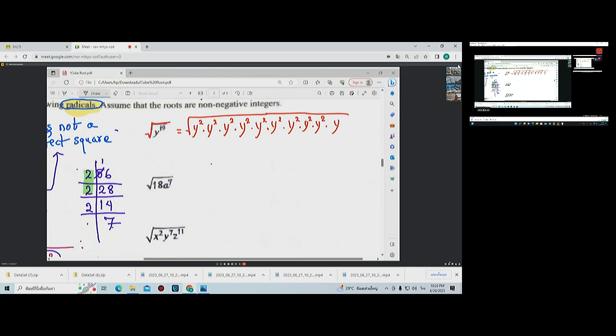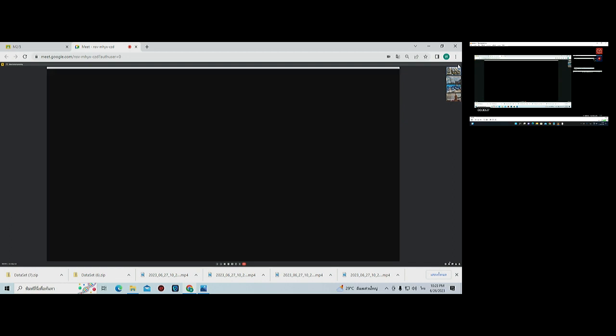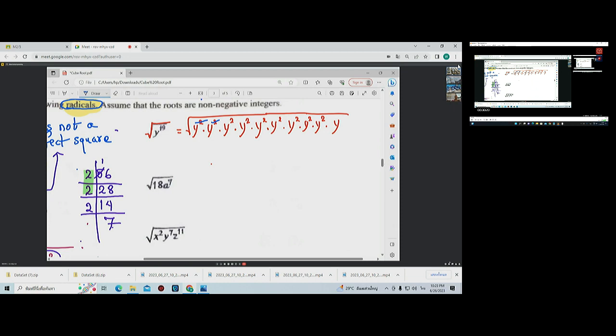So now we can cancel the squares. And how many? 1 2 3 4 5 6 7 8 9. Y power 9 times, now this y cannot come out, y. Yes? Understand?